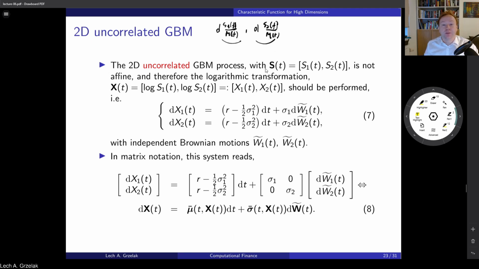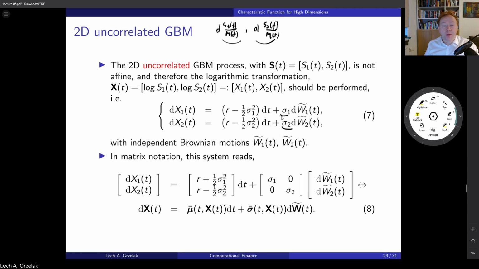This is what we already have discussed; it is the condition that those processes need to satisfy under the risk-neutral measure. Then we have the processes dx1 and dx2. The only difference between the two is that one has sigma 1 and one has sigma 2, the at-the-money implied volatilities, the volatility coefficients corresponding to these processes. The rest is the same.